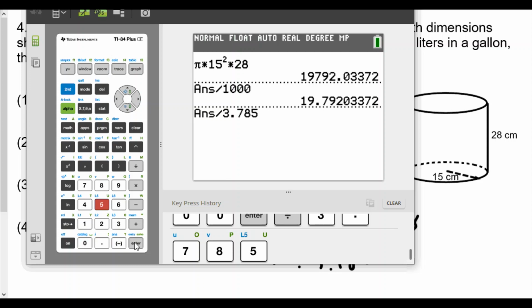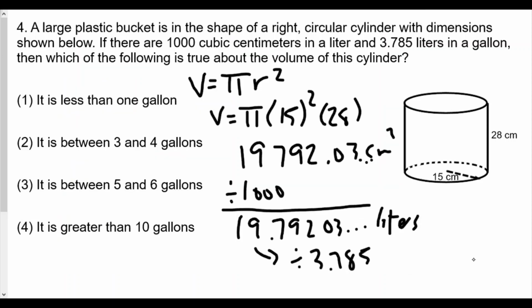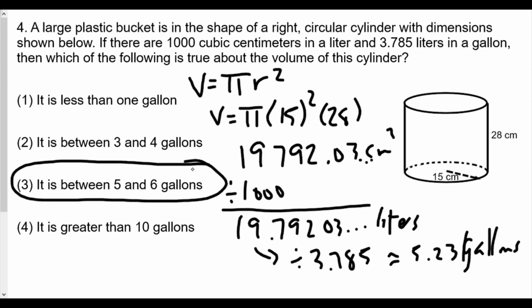And we find in this case we get about 5.229, so about 5.23 gallons. Now, it's not asking for the exact value or rounding off, it's just between values, and we see 5.23 is between 5 and 6 gallons.